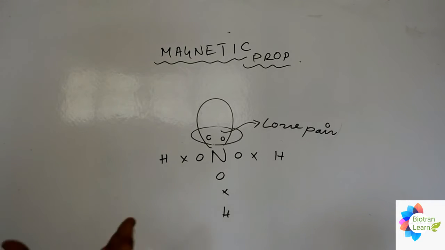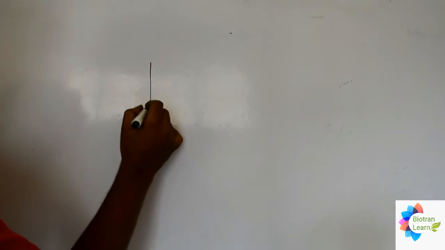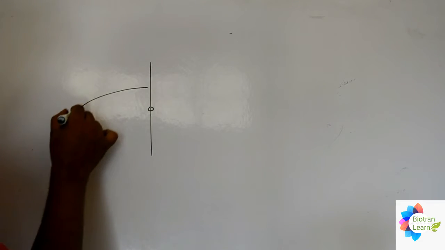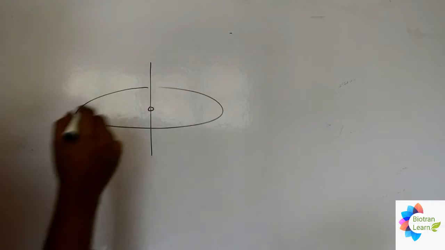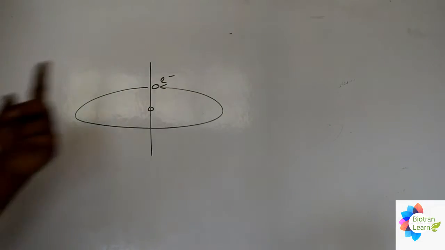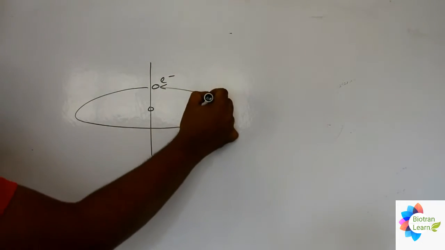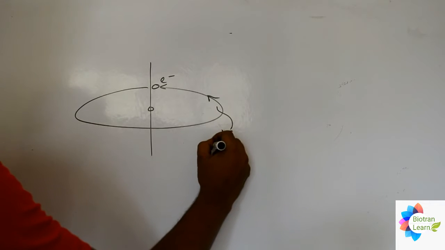Now let's see how the magnetic property works. First, suppose this is the nucleus. An electron following its orbit will rotate in this direction.